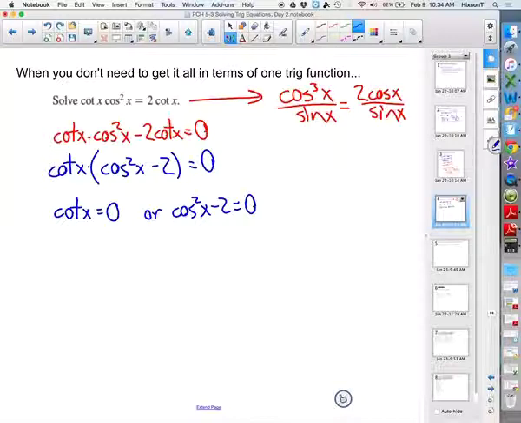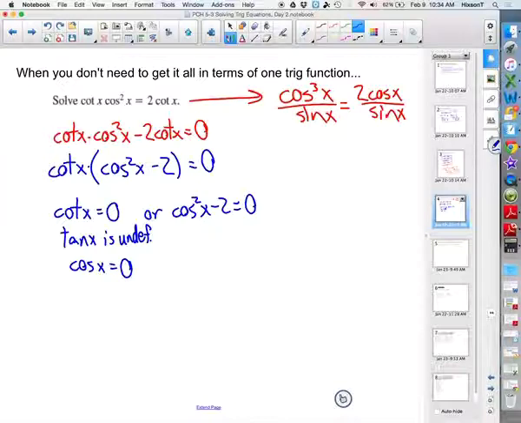Okay. So, at this point now we just have to solve it. Cotangent of x is 0 when tangent of x is undefined. Where is tangent undefined? When cosine equals 0. See how we're just kind of thinking through this logically? Cosine of x has to equal 0.